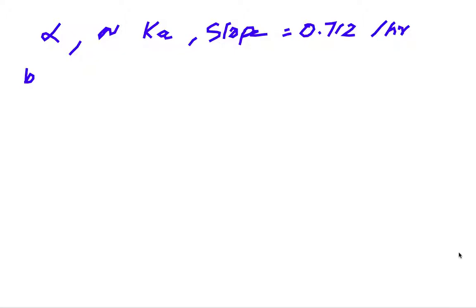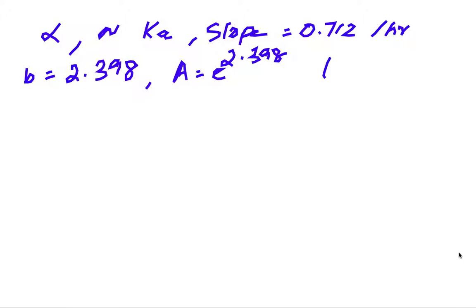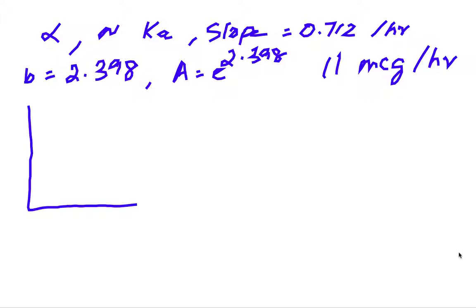Then you get B as 2.398, but you know that the intercept is calculated by e raised to 2.398, which is 11 microgram per hour.